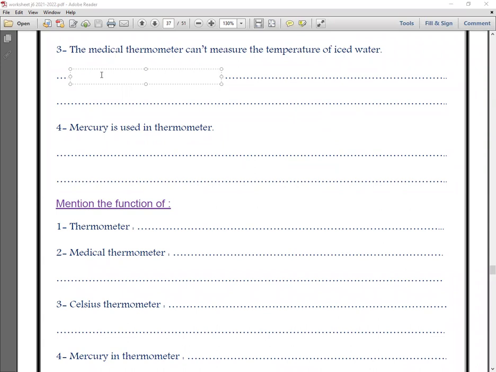So the medical thermometer can't measure below 35, not 34, 33, 32 and so on till 0 Celsius degree.